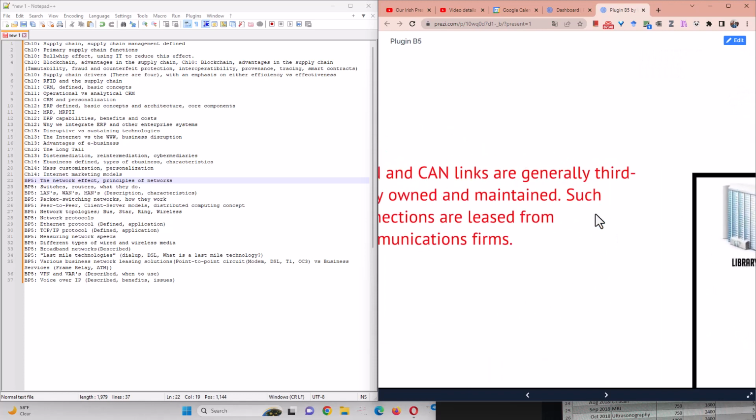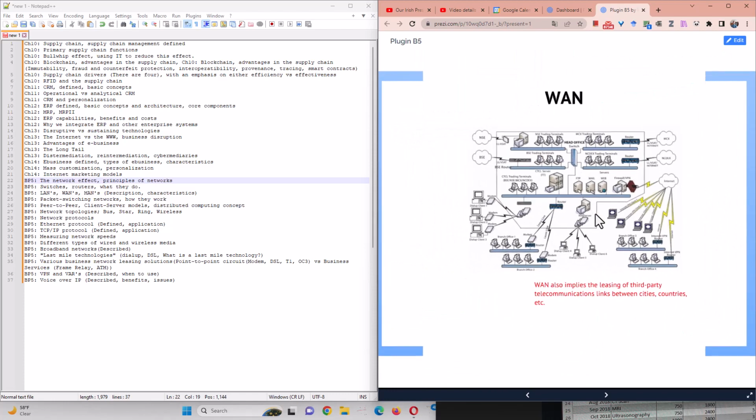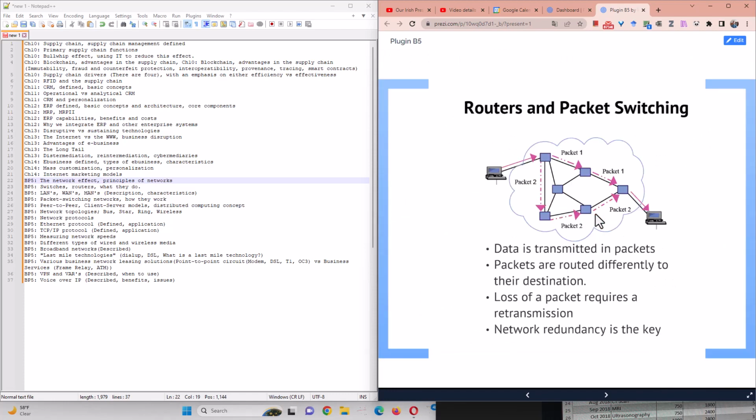Of course, with WANs and MANs, both of them are generally going to have third party telecommunications providers for connecting between those locations. You should know what a packet switching network is. Be able to explain it. It might be a good idea to be able to explain what a packet switching network is in a short answer question.